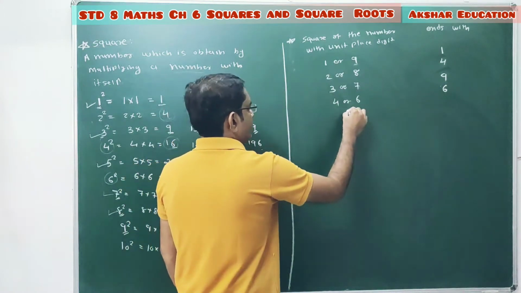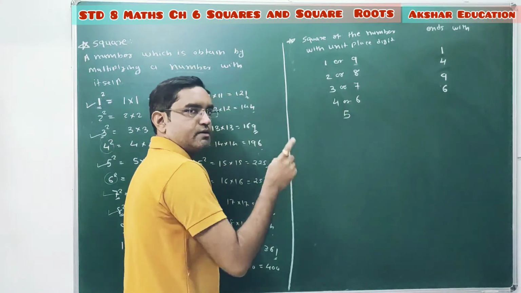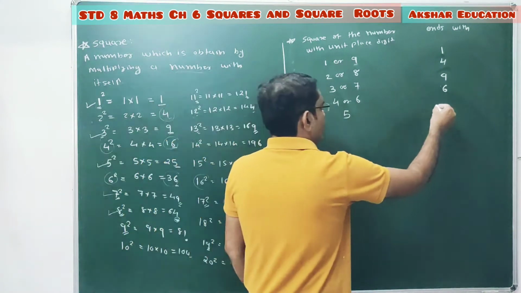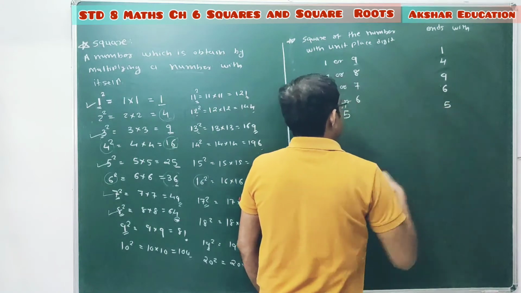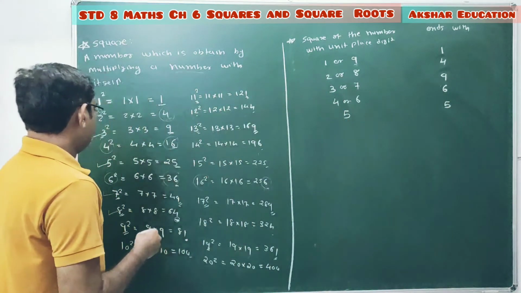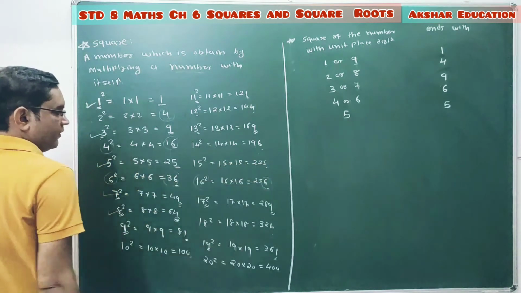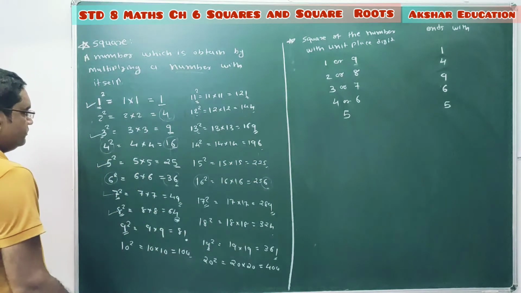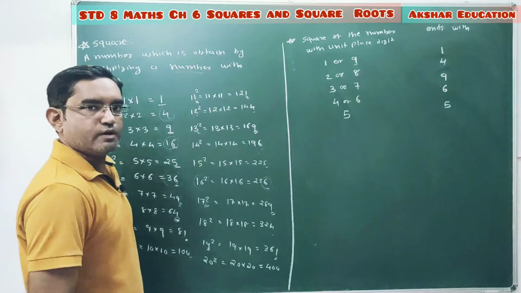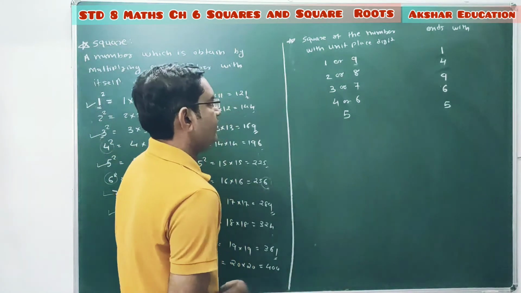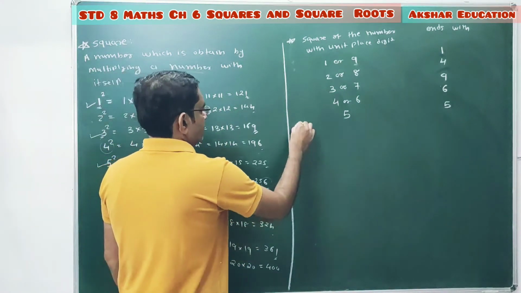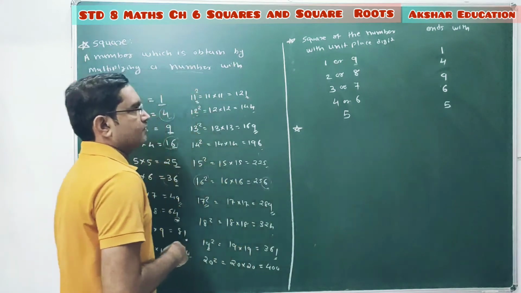And if the number's unit place digit is 5, then the square will end with digit 5. 5 square is 25, so it's a 5. 15 square is 225, so 5. Then take 25 square, 625, so it's a 5. So this property you have to remember.